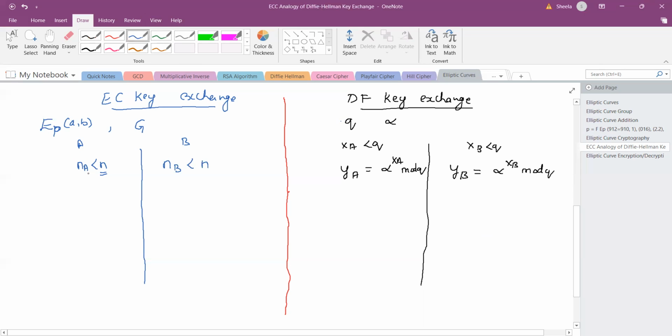Similarly, in case of elliptic curve cryptography, we will calculate the public key, that is PU, or let me consider it as PUA. So PU represents public, PR represents private. So this is PRA and this is PRB.